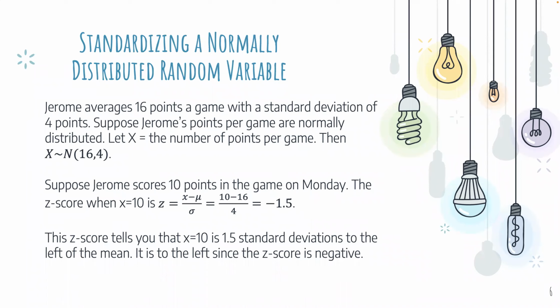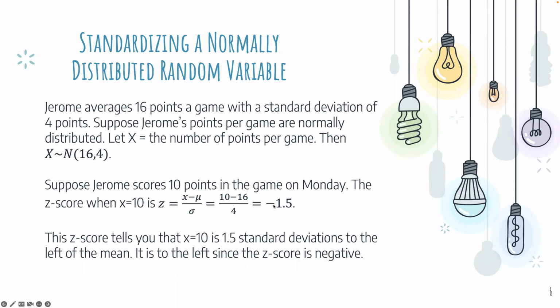Then the Z-score when X equals 10 is found using this formula. The Z-score is going to be equal to X, the actual data point, which is 10, minus the mean, which is 16, divided by the standard deviation, which is 4. So then we have 10 minus 16 over 4.